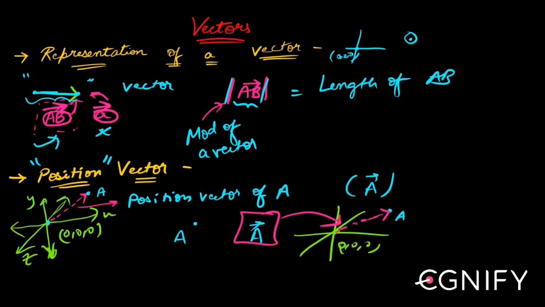Now, does it have to be origin? Can it not be something else? Obviously, it can be something else too. Usually we fix our reference to be origin, but if you want, you can take a different sort of coordinate system, fix this as some x, y, z, right? And then your position vector will be with respect to that x, y, z. But in the coordinate system we commonly use, we fix origin as the reference point.